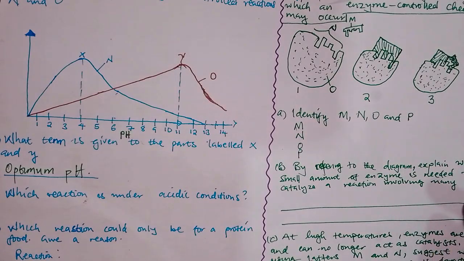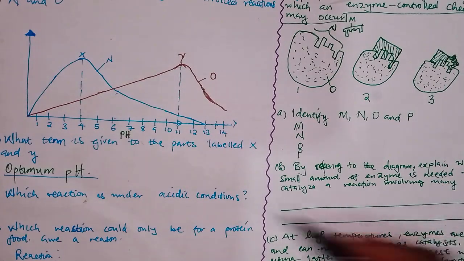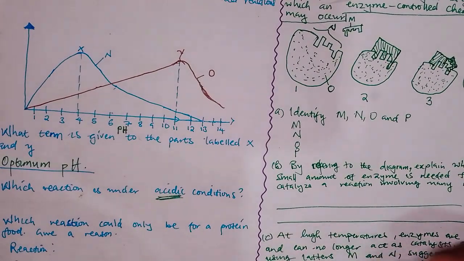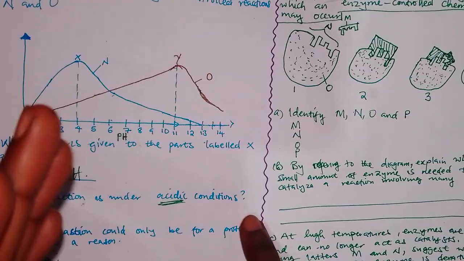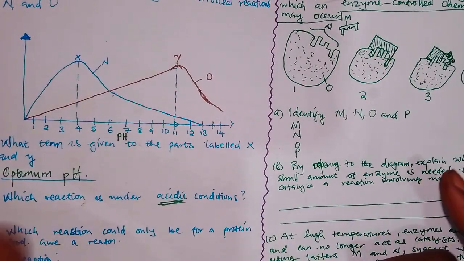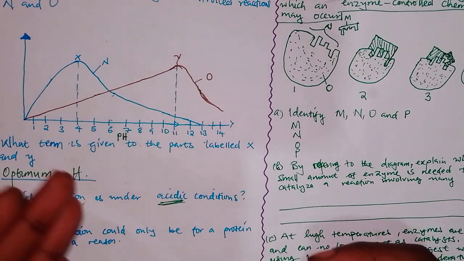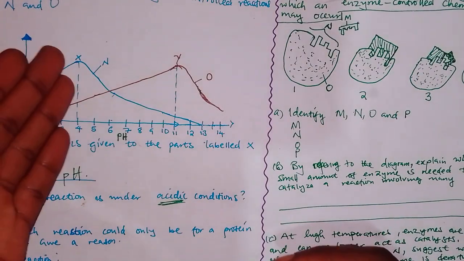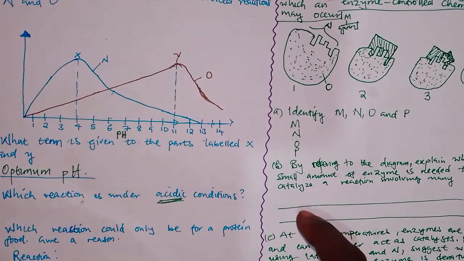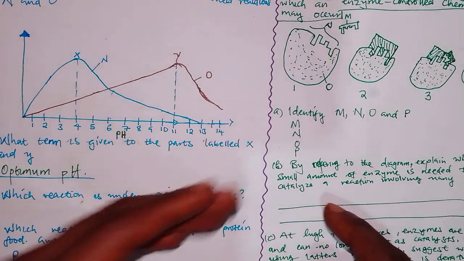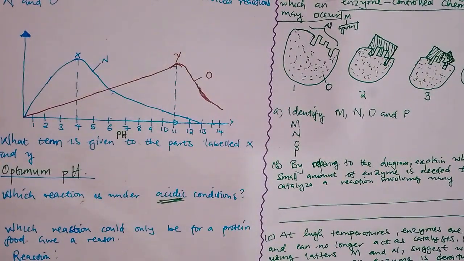Whenever you are looking for an enzyme under acidic condition, we follow what is known as the optimum pH, because that's where the enzyme works the best. If this enzyme is below 7, it works best under acidic condition. If it is above 7, it works best under alkaline condition.